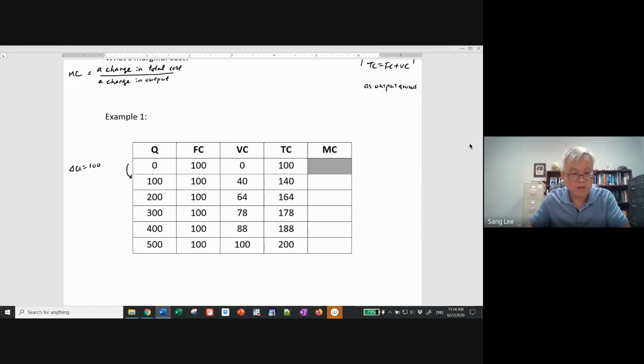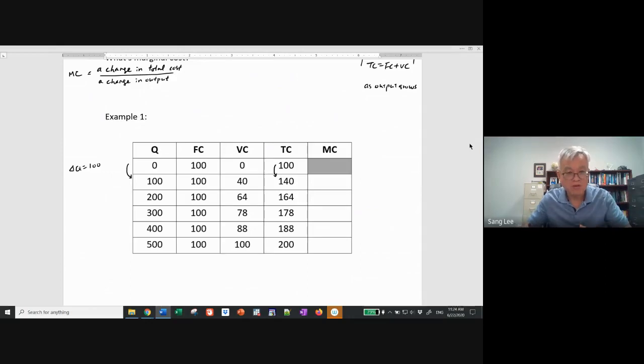It's 100, right? And then what's the change in total cost? When you produce no output, total cost is the same as the fixed cost because there's no variable cost. Now, when you produce 100 units, total cost increases from 100 to 140.